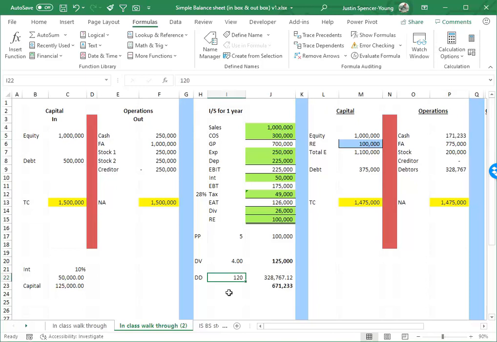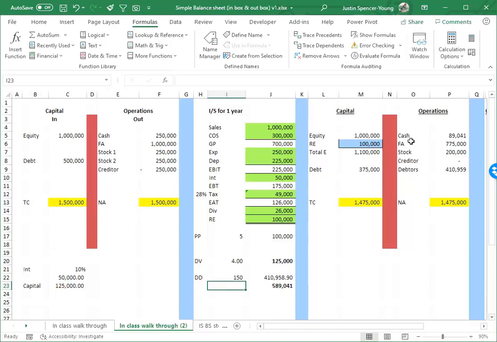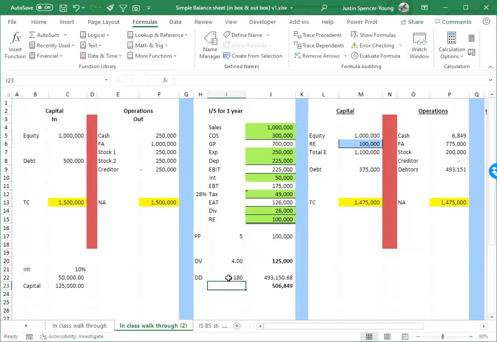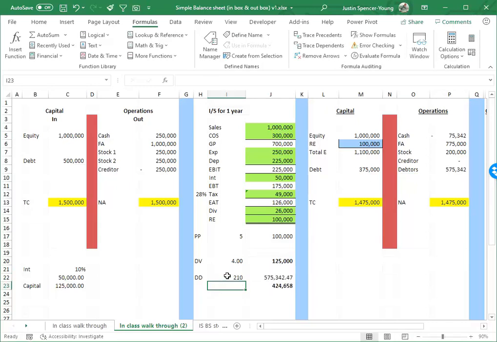That would put us at 150 days. At what point maybe does our cash go negative? 180 days, that's quite a long time. There's our cash, not quite negative, but maybe at 210 days our cash might turn negative. In other words, we'd run out of cash if our customers took that amount of time to pay us.